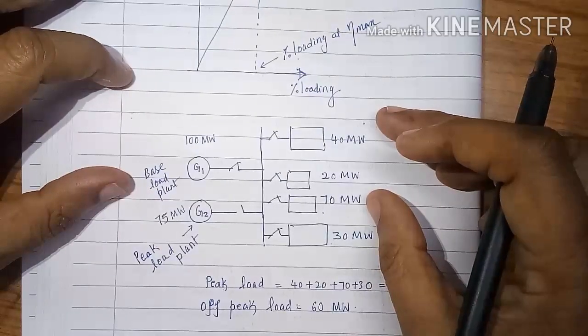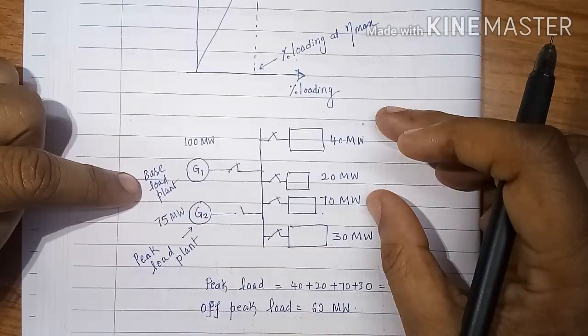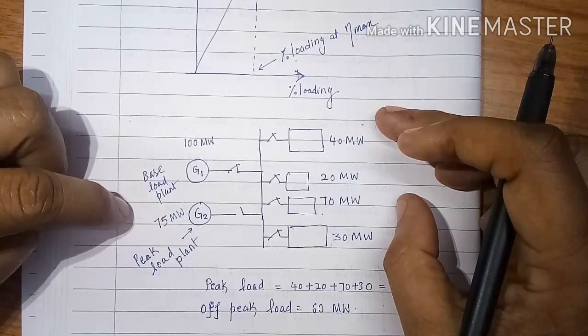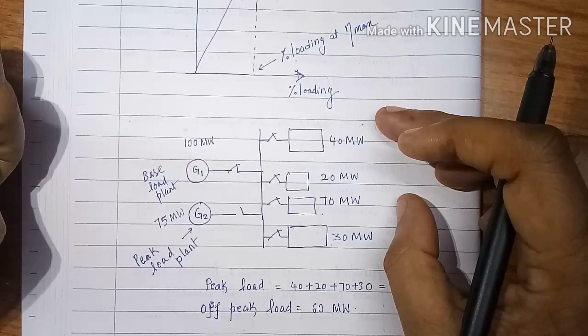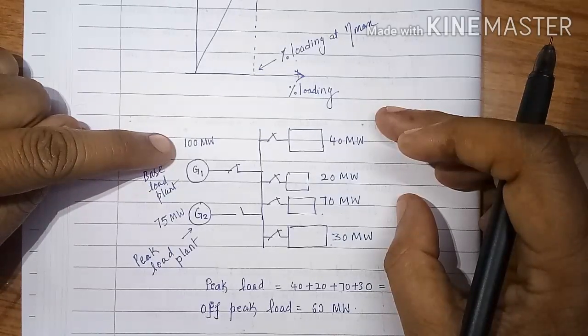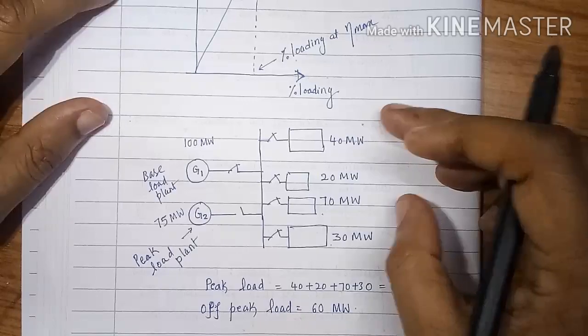And the time duration for which there is a base load or lesser than base load, that duration is called off peak hours. And the time for which the total load is more than 100 megawatt in this case is called as peak load hours.